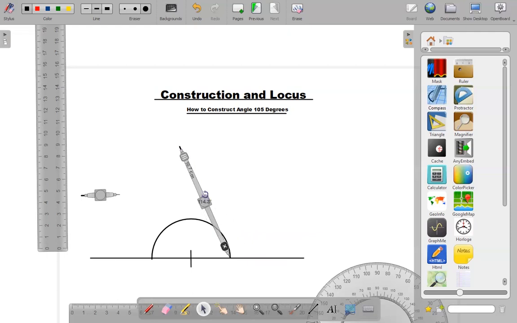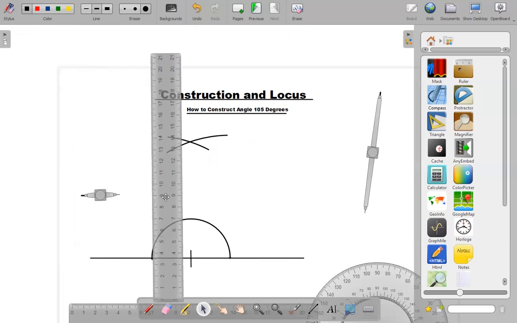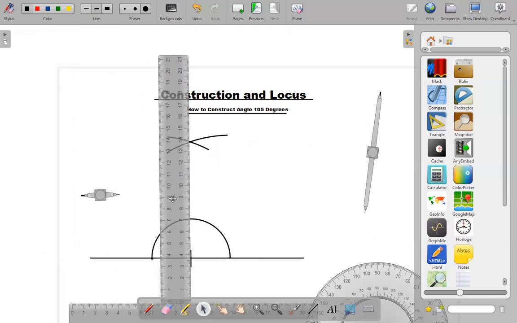Let me adjust it to a convenient radius. Make an arc. Then shift the stick point to this point. Cut the arc. Where the arc meets, join it to the reference point.